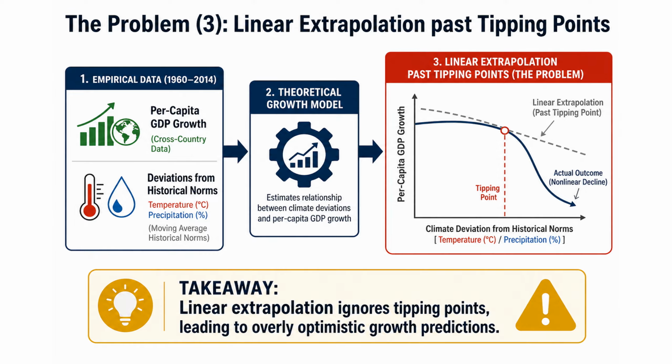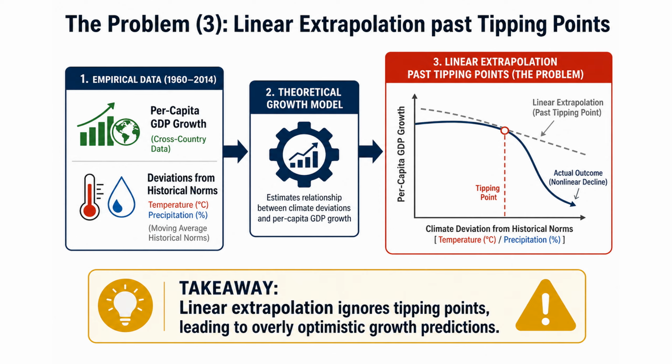What this example shows is how the problem 3, linear extrapolation past tipping points, changes the behavior of the whole system once real feedback and interaction are present. This matters because once feedback loops dominate, you cannot explain the whole system by studying one piece in isolation.